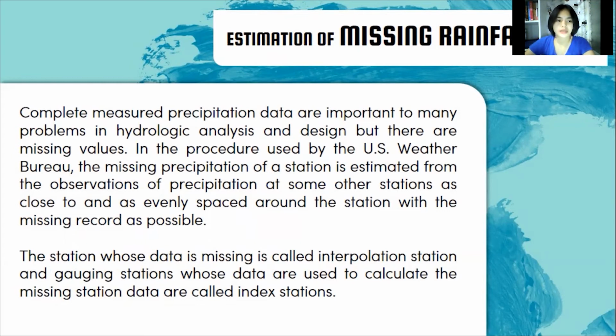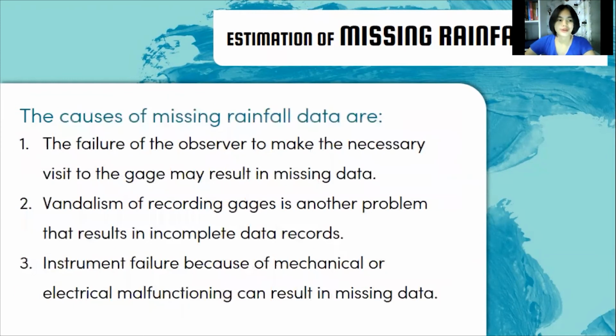Since complete measured precipitation data are important to many problems in hydraulic analysis and design, the station whose data is missing is called the interpolation station, while index stations refer to the gauging stations whose data are used to calculate the missing station.